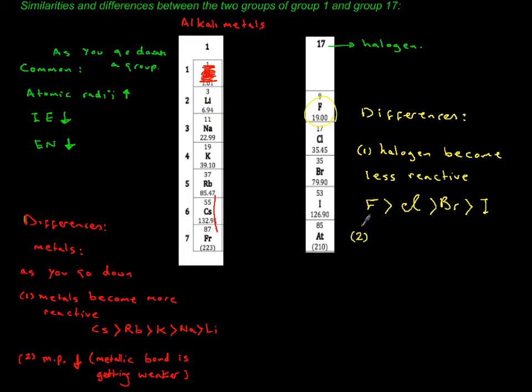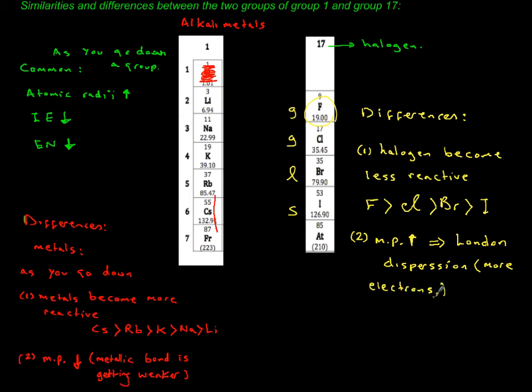The second main difference is, as you go down, remember this is a gas, this becomes a liquid, this is a solid. Their melting point rather increases, and that is due to London dispersion, which is due to the more electrons that you have in the nonpolar diatomic elements.